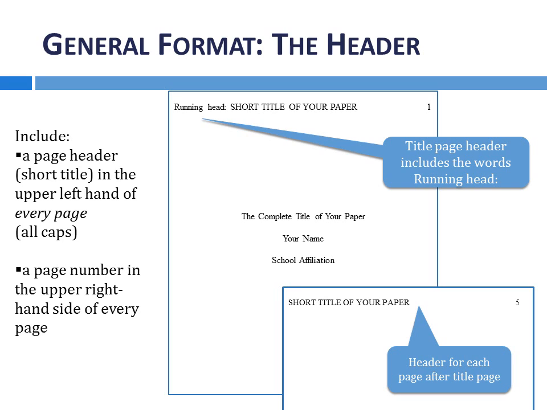A header goes on every page of your essay. It includes a shortened title of your essay on the left side and the page number on the right. To create a page header, the easiest way is to use the Insert Page Number feature in Microsoft Word.